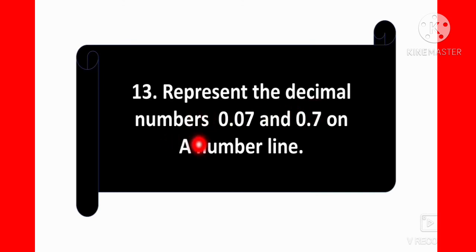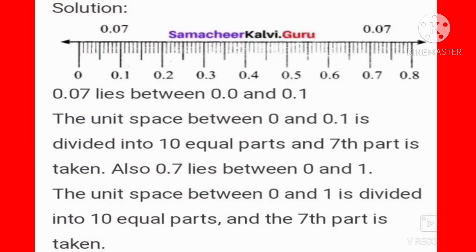Represent the decimal numbers 0.07 and 0.7 on a number line. Now students, here we know that 0.7 lies between 0 and 1. So when we divide 10 equal parts between 0 and 1, the next numbers are 0.1, 0.2, 0.3 and so on.